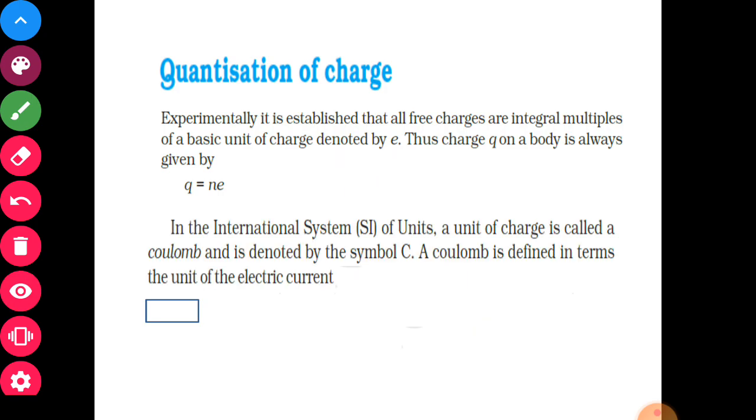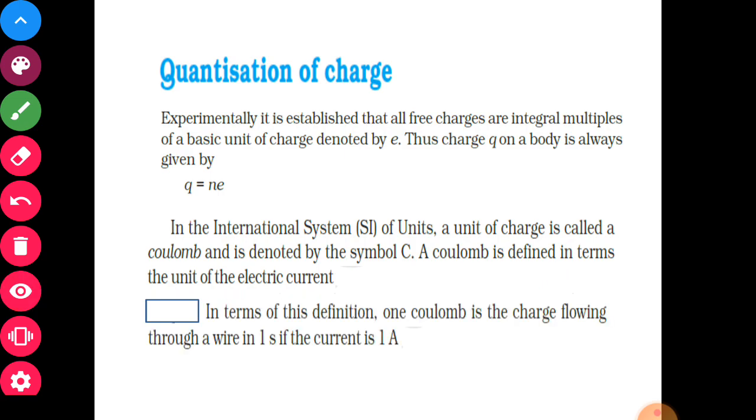In the international system of units, the unit of charge is coulomb, and it is denoted by the capital C. Okay, a coulomb is defined in terms of the unit of electric current.